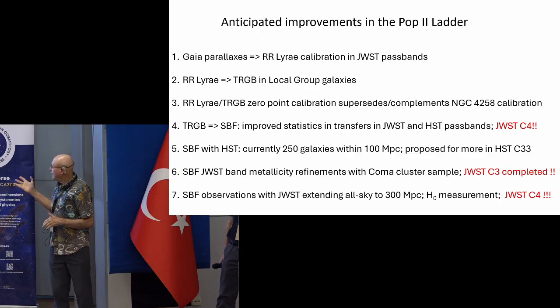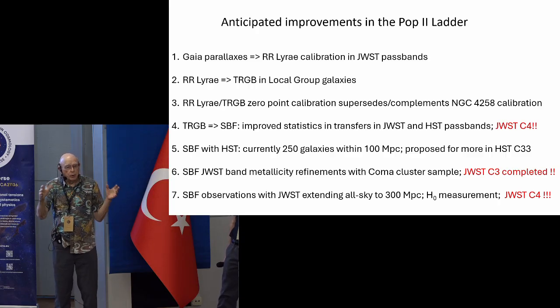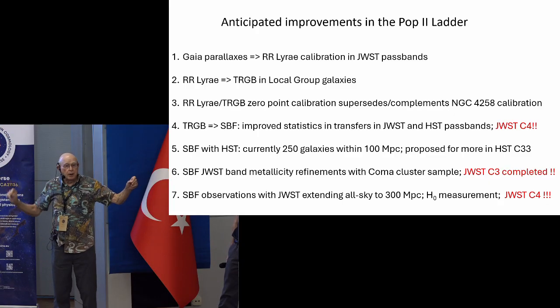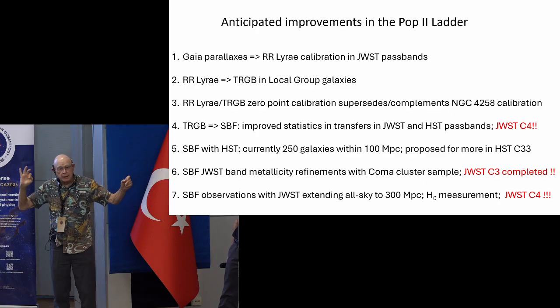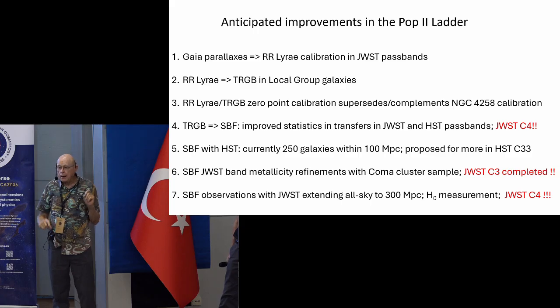Then the final thing is, what are we actually going to find when we look out to 300 megaparsecs, and we look in this direction and we look in that direction? The nice thing about JWST is the same telescope, same filters, so there are a lot of possible systematics that you have with supernovae that are not there with this.